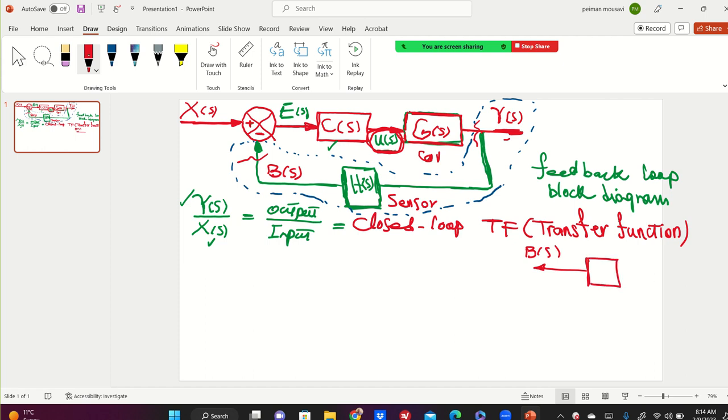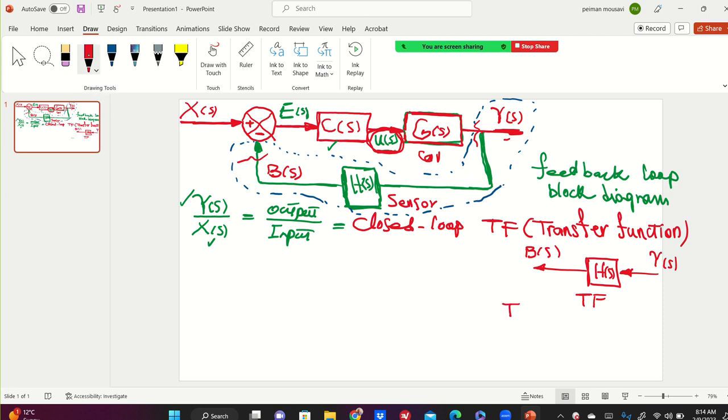H is the transfer function of the sensor, H of S. And this is the output of the system, as you see from here, Y of S. Based on transfer function, you saw that this is output over input.